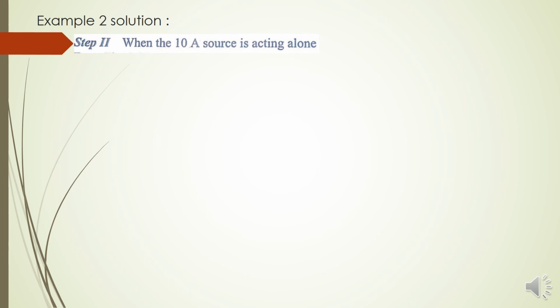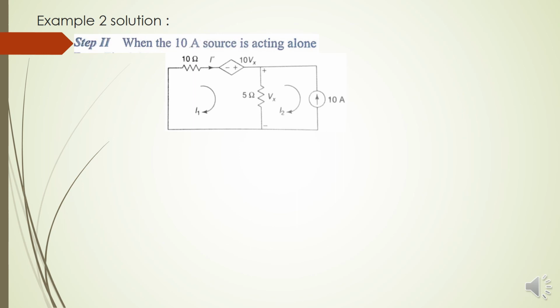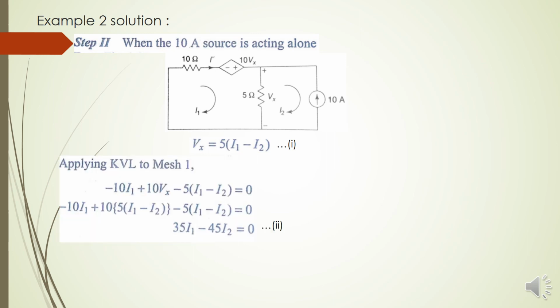Step 2, when the 10 ampere source is acting alone, the voltage source will be short circuited. Then assume two mesh currents I1 and I2 flowing in the network. In this case Vx is 5 times (I1 minus I2).